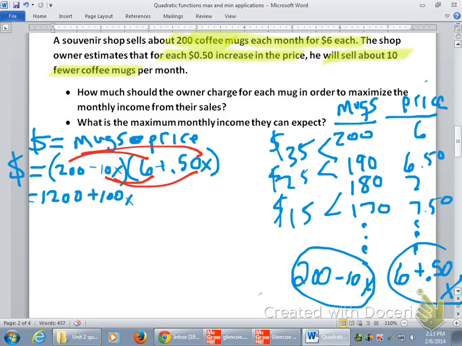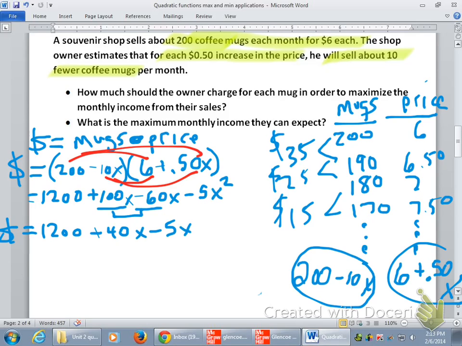Negative 10 times 6, negative 60x. And negative 10 times 0.5, in other words, half of negative 10, negative 5x squared, right? Got some like terms in the middle. So my money is going to be equal to 1,200 plus 40x minus 5x squared. Is it quadratic? Yes. Absolutely.